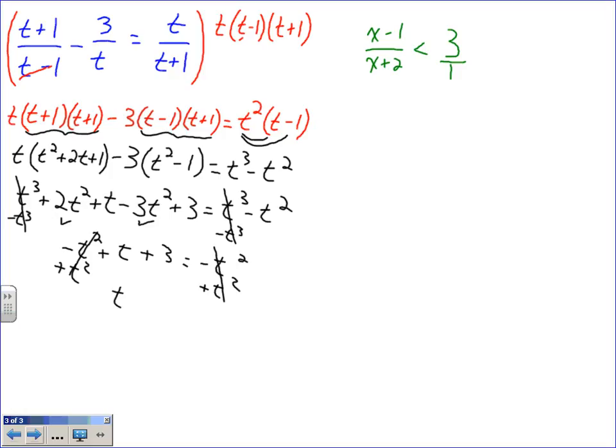So I'm left with t plus 3 equals what? 0. T equals negative 3. Real quickly, I'm just going to check back here in the original problem to make sure that it's not a restriction, and it's not. I can use negative 3, and that's my answer. Okay? All right. And that's how we solve equations with rational polynomials.